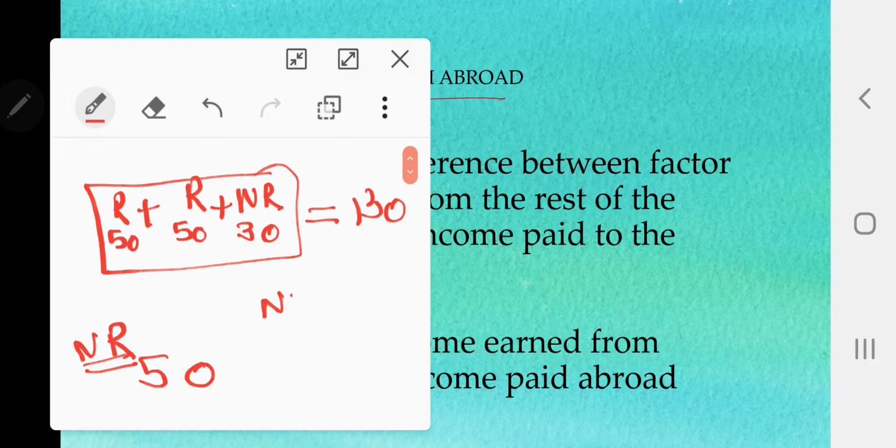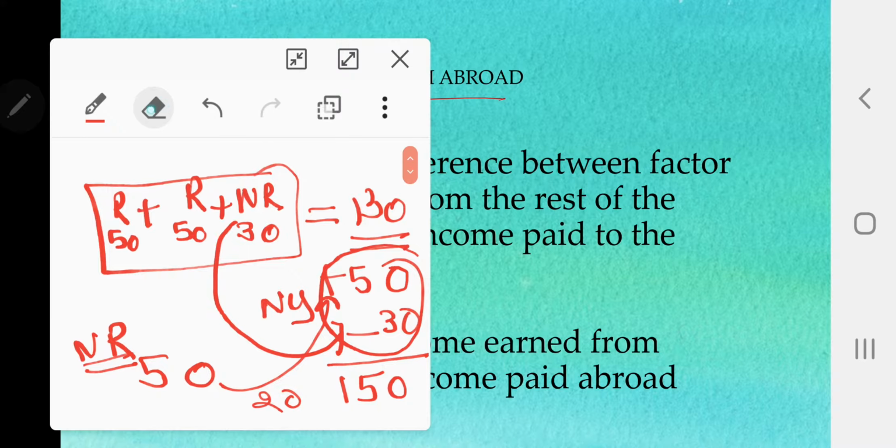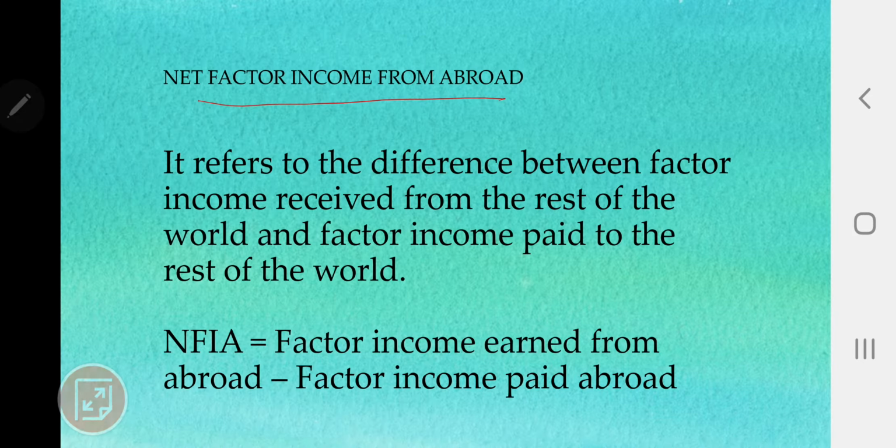So our national income will be 130, which is domestic income, plus 50, which is earned by a normal resident outside the country, minus 30, which is earned by a non-resident within our country. Thus, it will be equal to 150, and the difference between 50 and 30 is 20, which is net factor income earned from abroad.